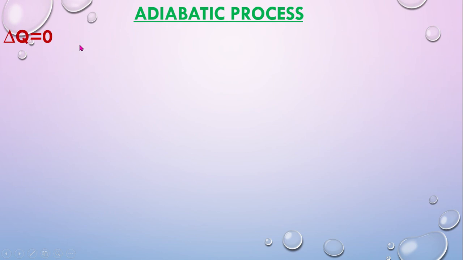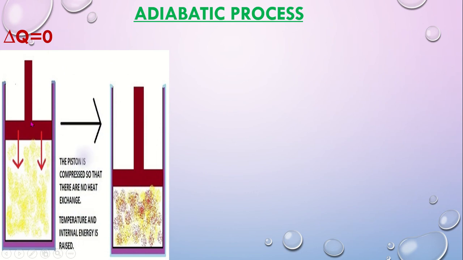So in an adiabatic process, I have told you del Q equal to 0. Look, here some gaseous substance is taken in a cylinder, and this gold color represents that it is made of insulating material, so that no heat is exchanged from inside to outside or outside to inside.